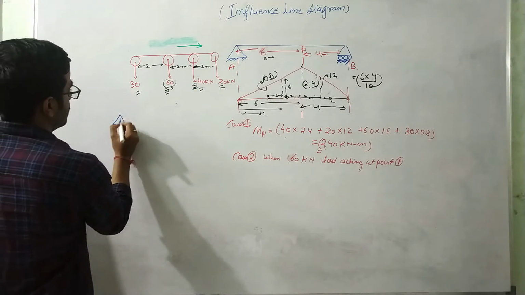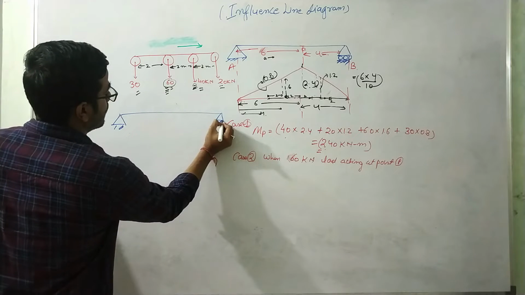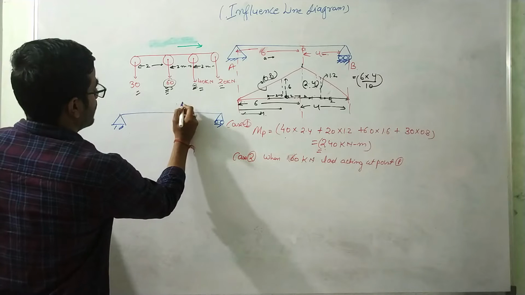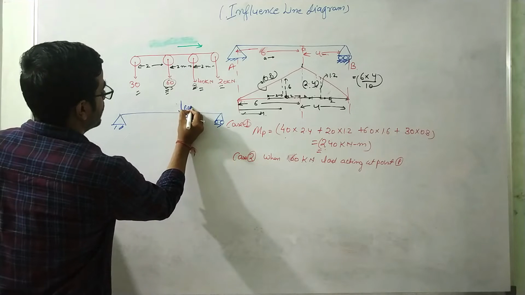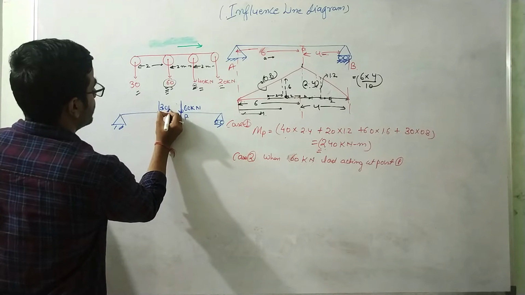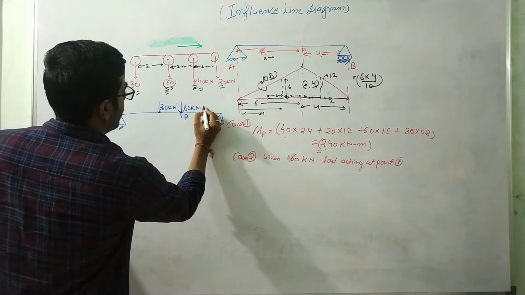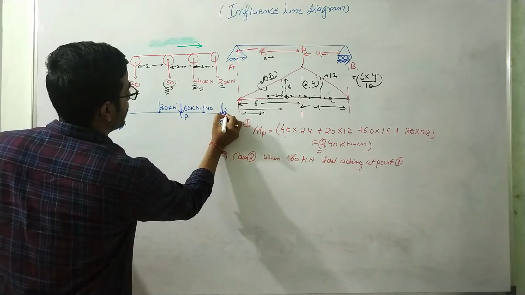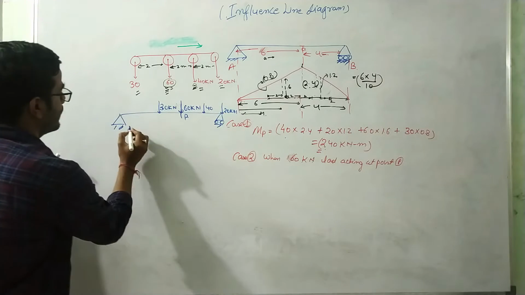So this is the simply supported beam. This is the point P. Here I am assuming the 60 kilonewton load is acting at this point. So at a distance of 2 meter, a 30 kilonewton load will act. At a distance of 2 meter, a 40 kilonewton load, and here a 20 kilonewton load.